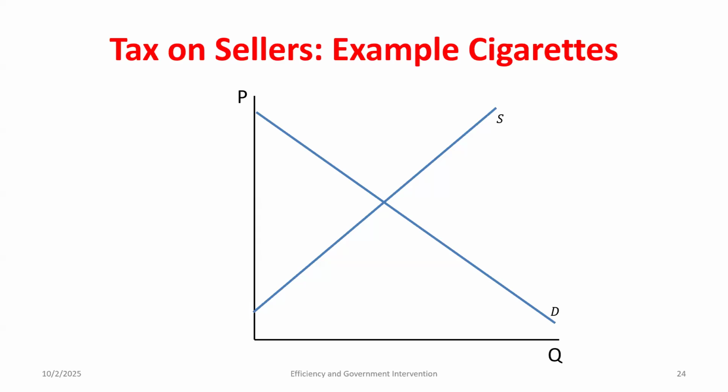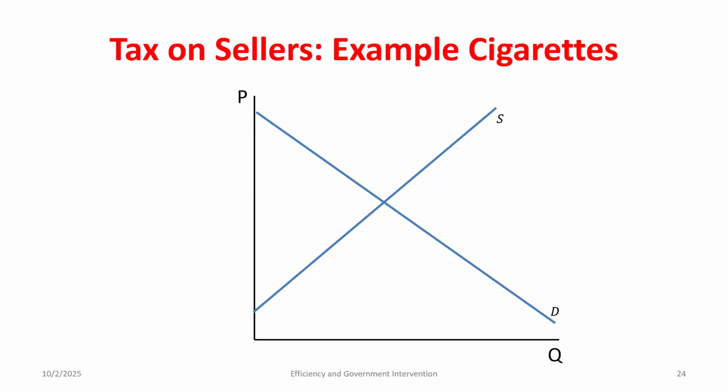That difference will always be the value of the tax. What's the base of that rectangle? It's always going to be the quantity produced and consumed after the tax. If I take how many units are on the market times the value of the tax on each unit, that represents tax revenue, right? That's how much money is going to the government.